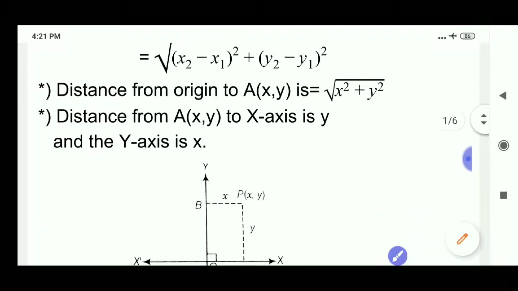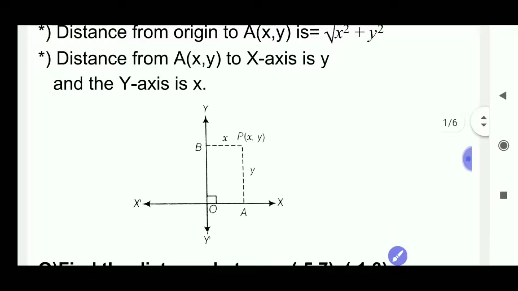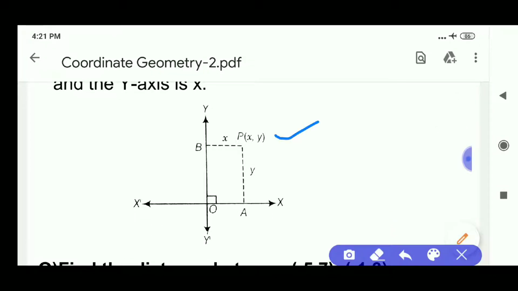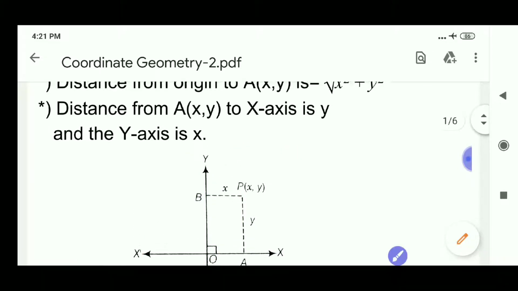One more point. The distance from a point (x, y) to the x-axis is the y coordinate, y. Similarly, the distance from the point to the y-axis is the x coordinate, that is x. This is a very important point.